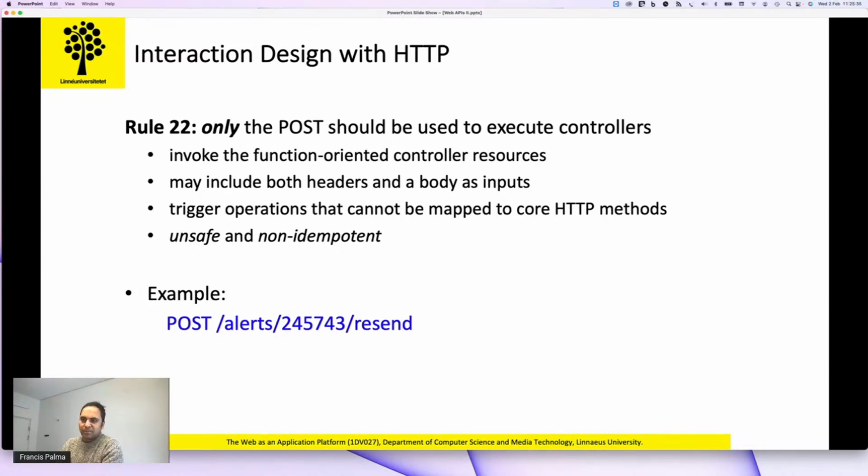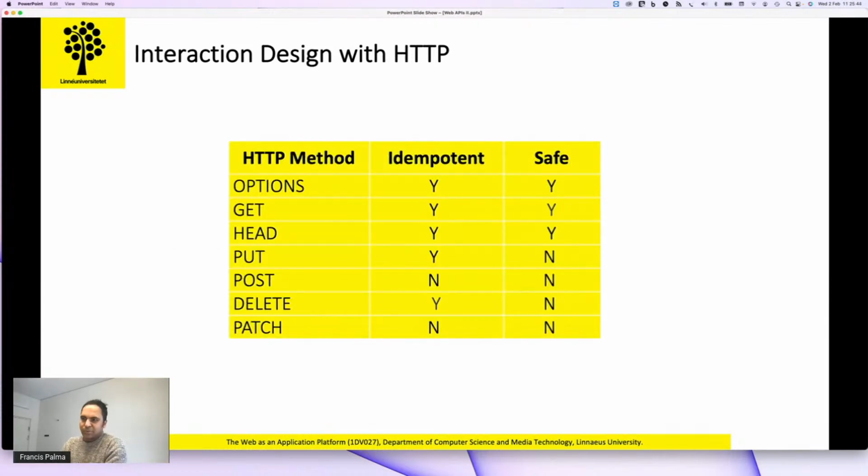And talking about the safeness and idempotency of the methods, I think we also discussed in our previous lecture which methods are safe and which methods are idempotent. We also mentioned that all the safe methods are by default idempotent, but not all the unsafe methods are non-idempotent.